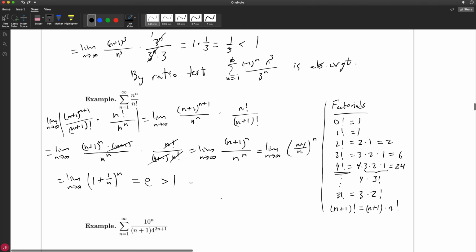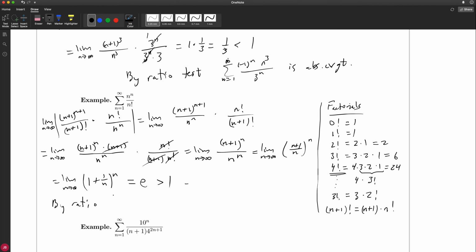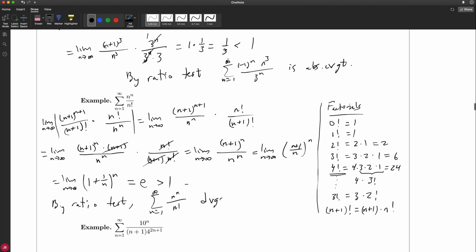The number e is 2.7 whatever, which is bigger than 1, and therefore, by the ratio test, the sum from n equals 1 to infinity of n to the n over n factorial diverges. Okay.